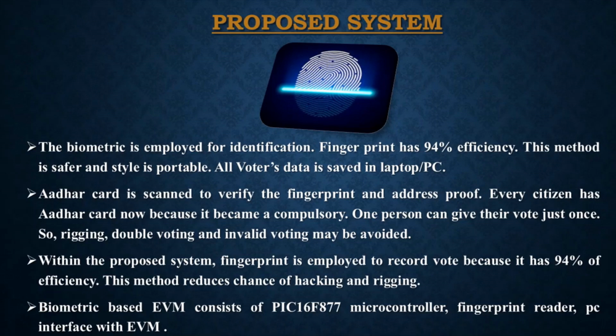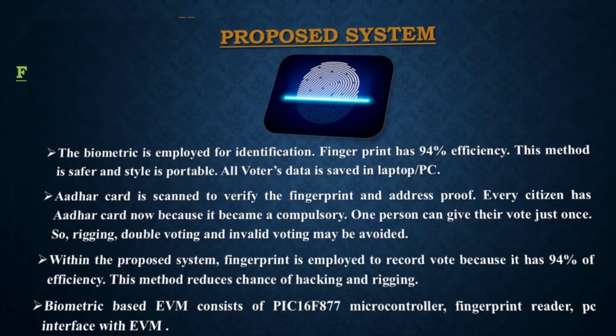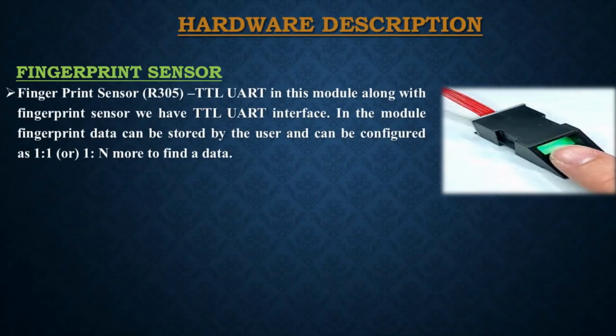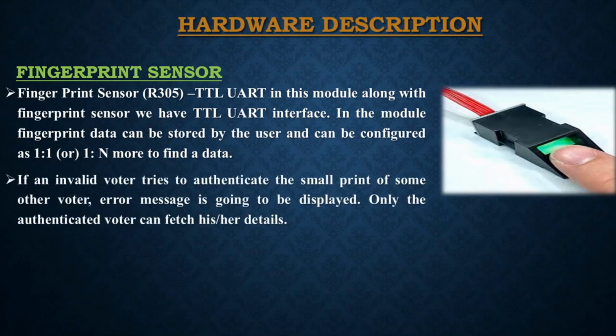Finally, the biometric based EVM consists of PIC 16F877 microcontroller, fingerprint reader, PC interface with EVM. The main two hardware components used are, firstly, the fingerprint sensor. Fingerprint sensor R305 TTL UART is the module along with the fingerprint sensor.